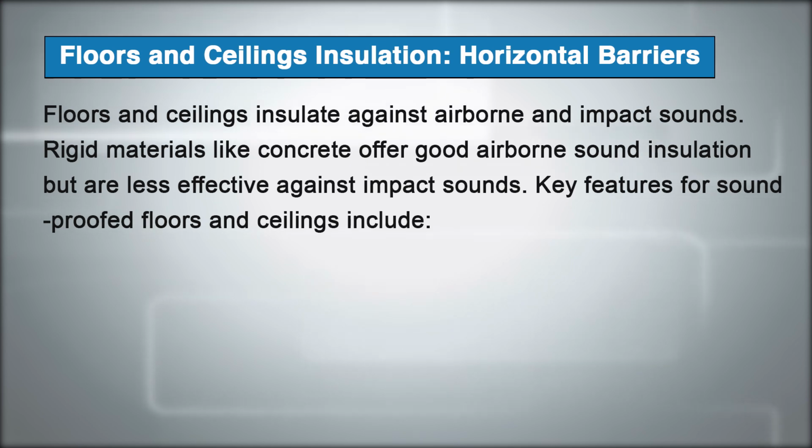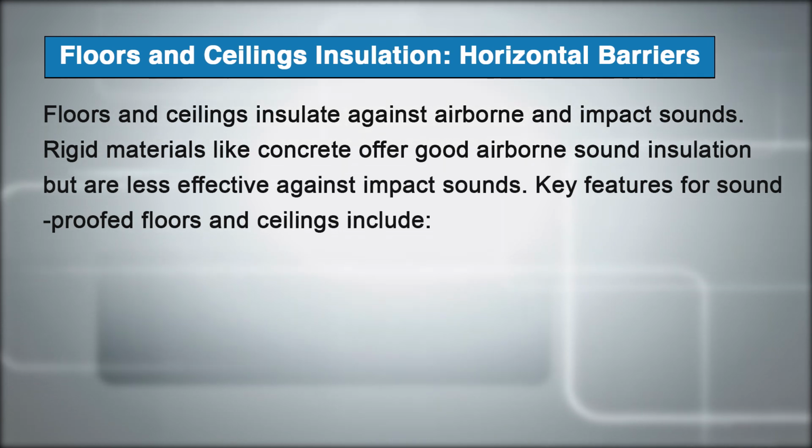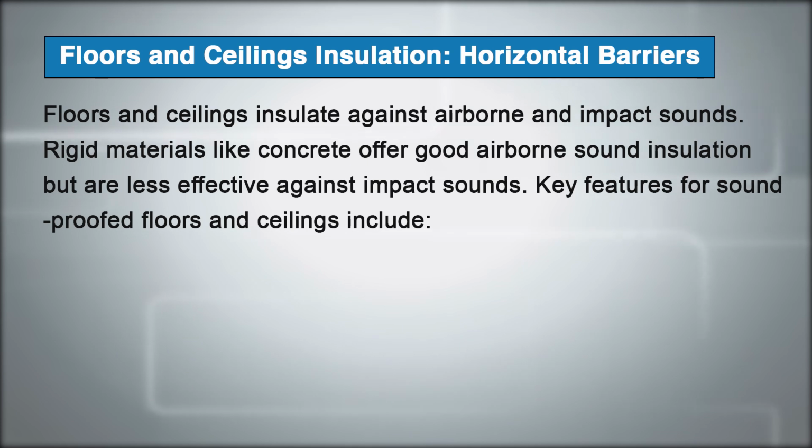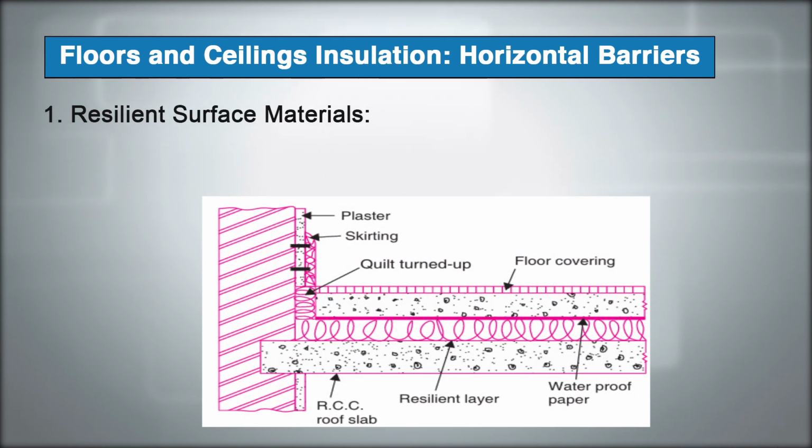Rigid materials like concrete offer good airborne sound insulation but are less effective against impact sounds. Some of the key features for soundproof floors and ceilings include resilient surface material, thin concrete screeds with soft finishes, carpets etc. These dampen impact noise by 5 to 10 decibel but have little effect on airborne sound.